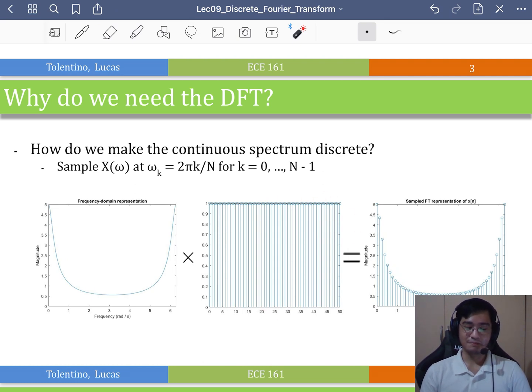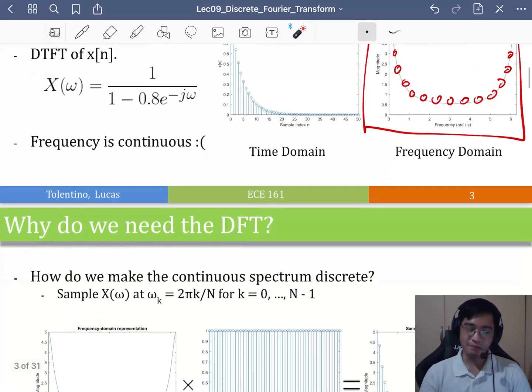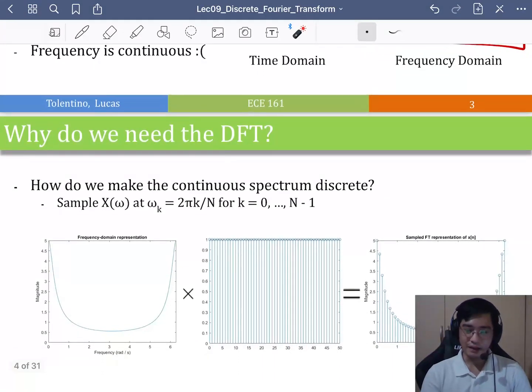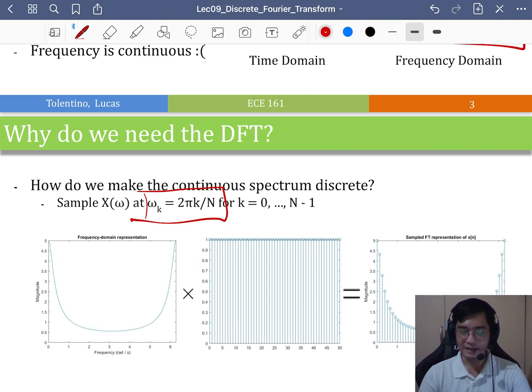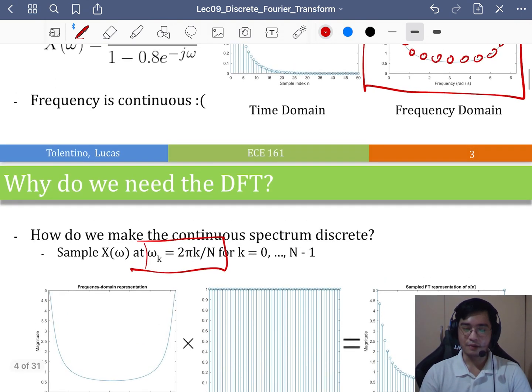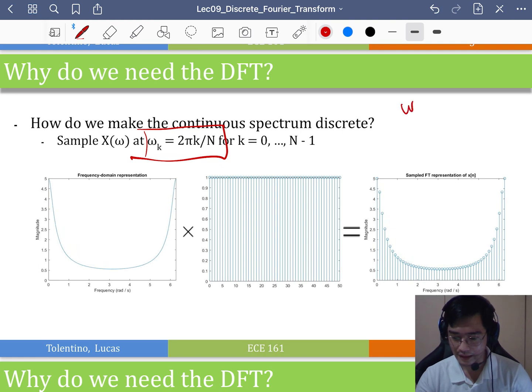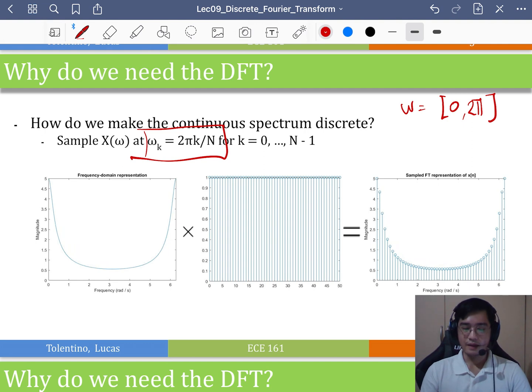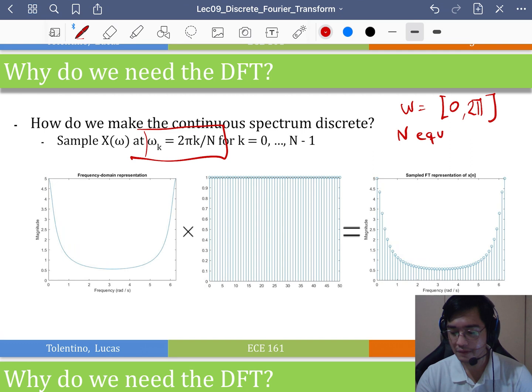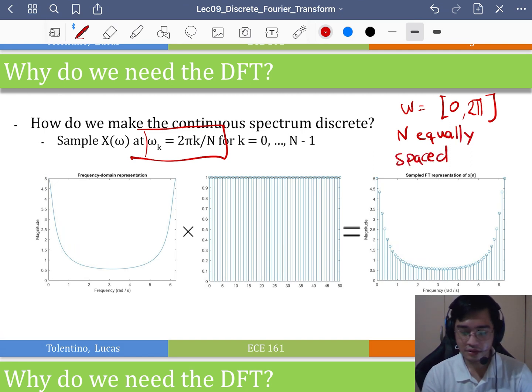If we want to sample something, we multiply it by the impulse train, right? So for example, we want to sample the frequency domain by this formula, 2 pi k over N. Basically, if you could recall, our range of values for the DTFT is omega from 0 to 2 pi, right? And if we want to sample N equally spaced frequency points, we use this operation.